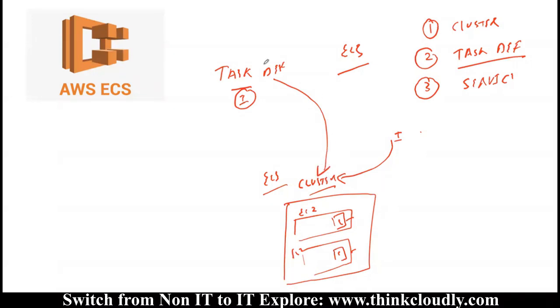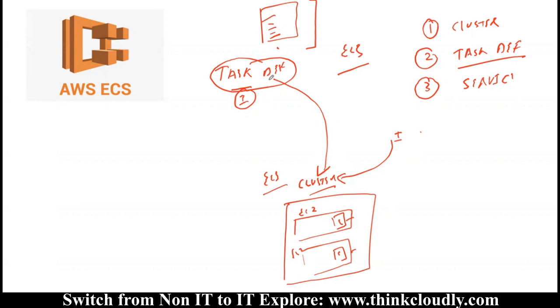But how do we hand it over to the cluster? I mean, the task definition file is just a plain definition. It's just a form you fill. It doesn't mean that when you submit the form, it directly goes to the cluster. No, it never happens like that. The task definition is just a definition file which you write, and that's it.